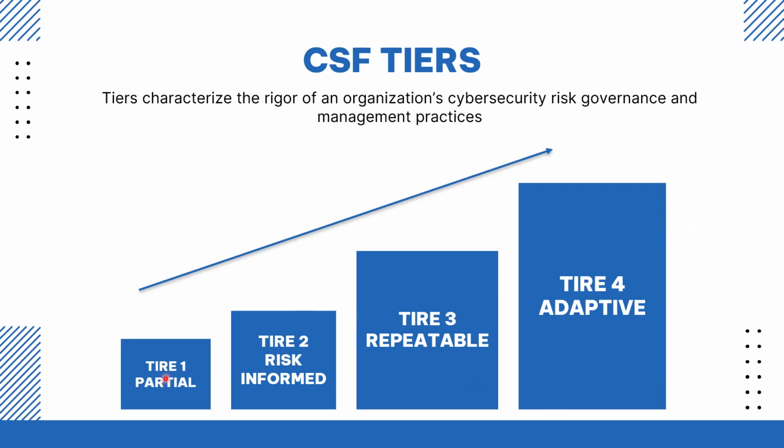So the organization can plan to achieve state 2 or 3 in the near future, probably say in the next 6 months or the next 1 year. So that can be their target state, so that they can say we have improved from tier 1 to tier 3. That's how we progress the CSF or the infosec posture within the organization. So that's where CSF tiers help us.